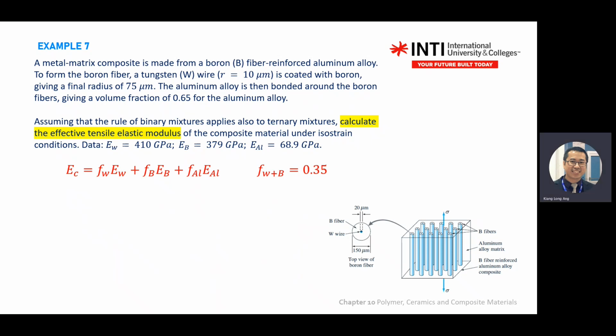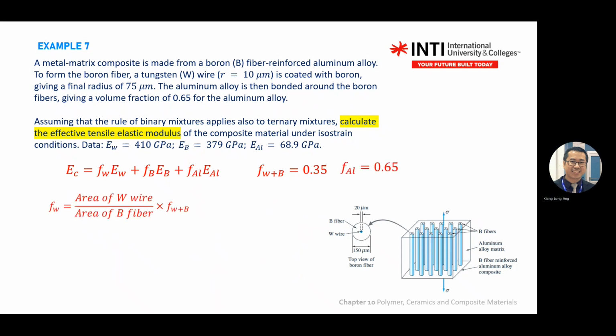So the whole composite is 1. So now the aluminum alloy is 0.65, so the boron and the tungsten will be 0.35. Make sense? Okay. So aluminum will be 0.65.